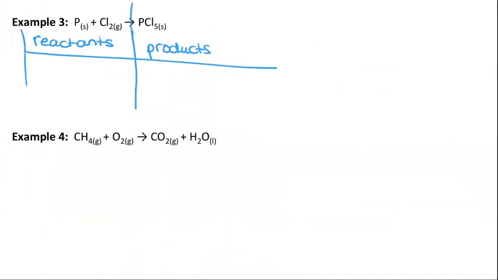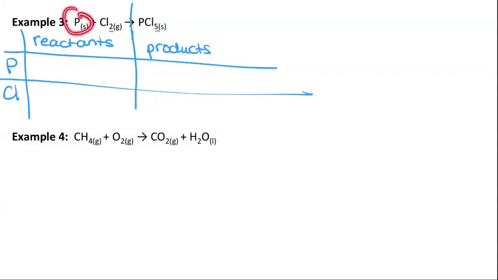And atom, I have phosphorus and chlorine again, but this time I have 2 and I have 5. So reactants, phosphorus, I have 1 in the reactant side, and I have 1 in the product side. Chlorine, I have 2 chlorine atoms, and on the right side, I have 5.